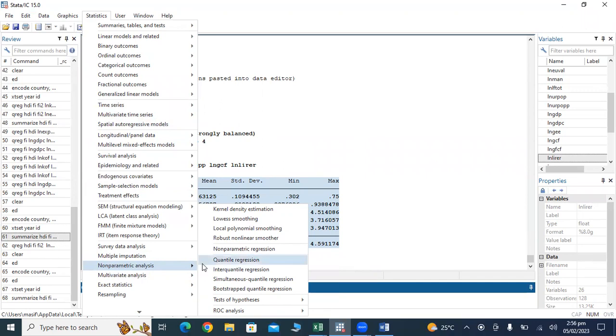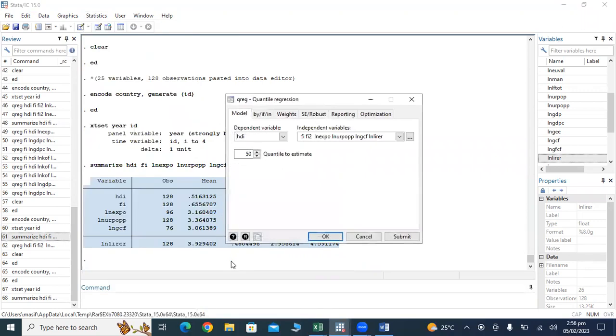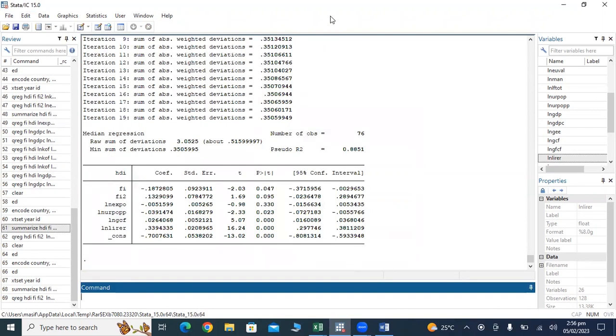From nonparametric analysis, move to quantile regression. This is the dependent variable. Open this window: HDI, then FI, FI square, export, urbanization, gross capital formation, and literacy rate. This is the mean quantiles estimation. Check here.